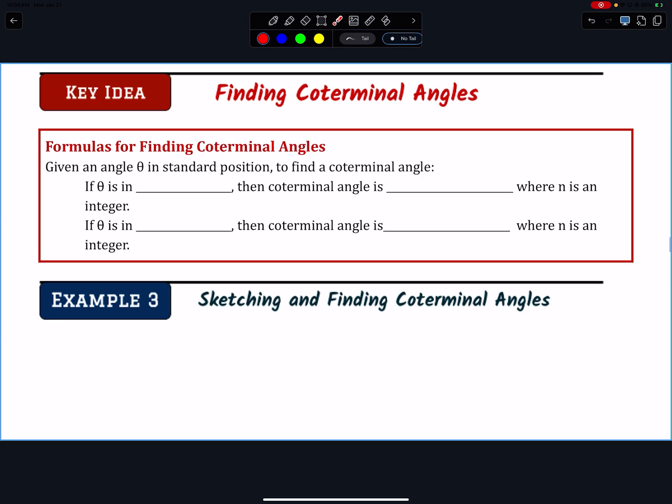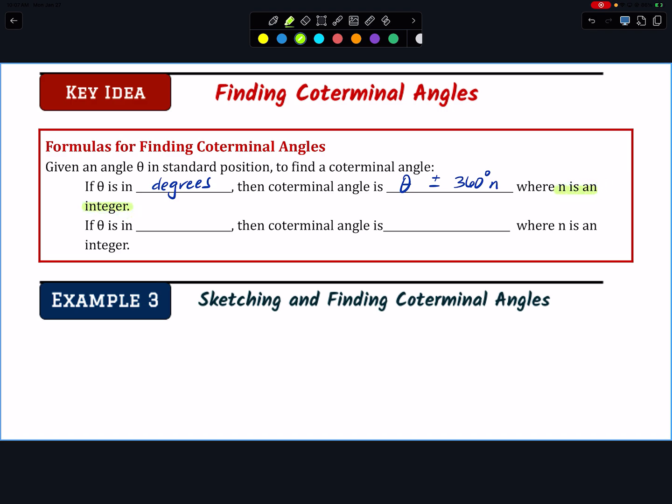So we're going to revisit that here in a second. But this is how you find a coterminal angle. We have two different types of measures, degrees and radians. So if the angle they give us is already in degrees, then a coterminal angle with that angle will be theta plus or minus 360 degrees times n, where n is just an integer.